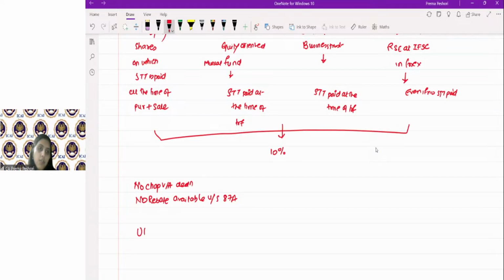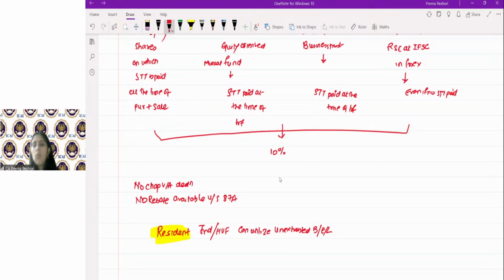You can write it down over here: a resident individual or HUF, only resident and not a non-resident. Be careful of this in your exam. A resident individual or HUF can utilize the unexhausted basic exemption limit.